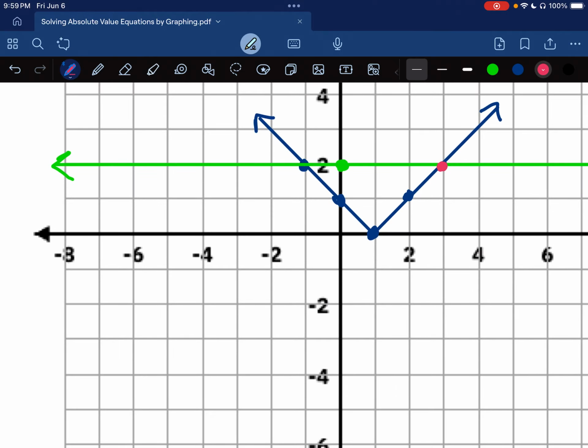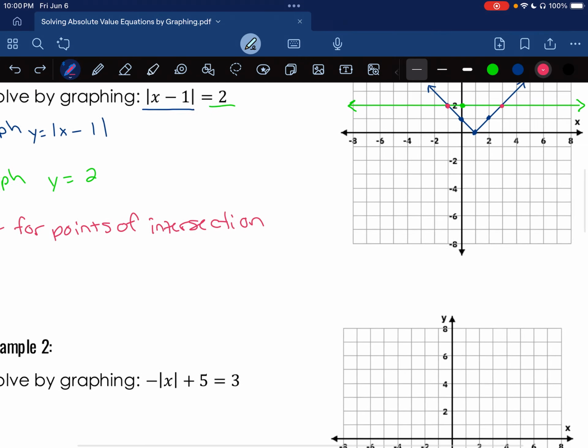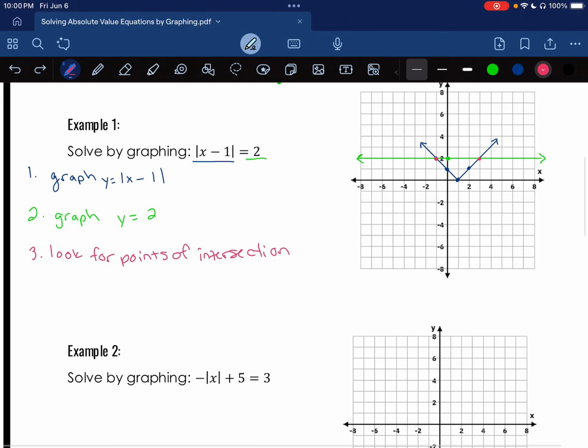They meet here, and we want to know the x values. We know the y values for those points. It's 2. And that's happening at x is -1 and x is +3. So then we just write our solutions like this: x equals -1, comma, 3, since there can be two of them.